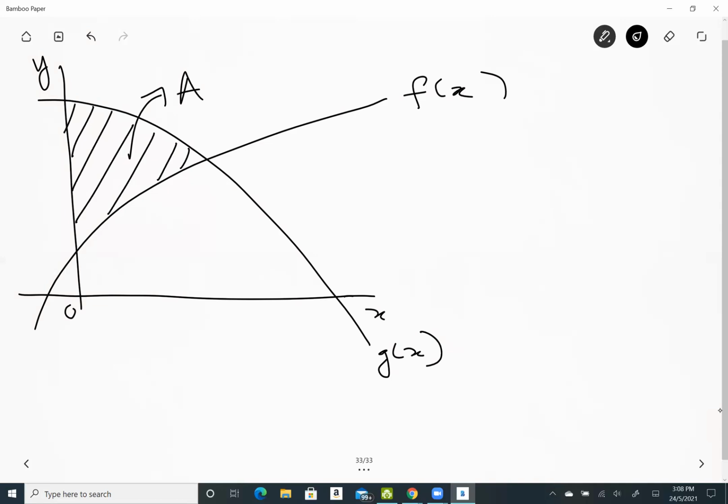All right. How can you find the area A? Look at the graph. Tell me. We minus g of x minus f of x. So the area under g, because g is the one that is on the top, minus the area under f. Under f.